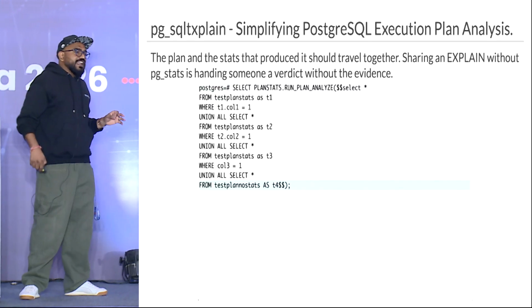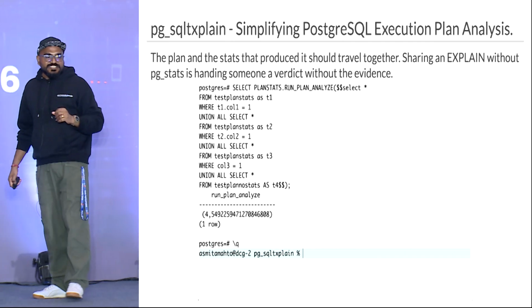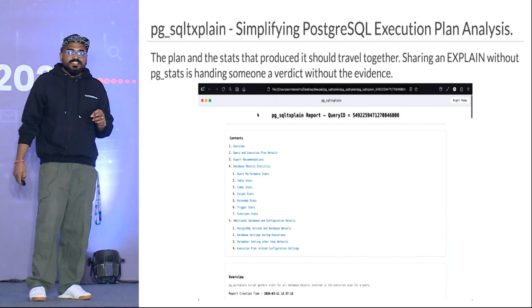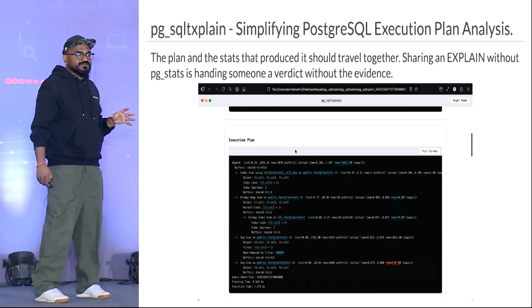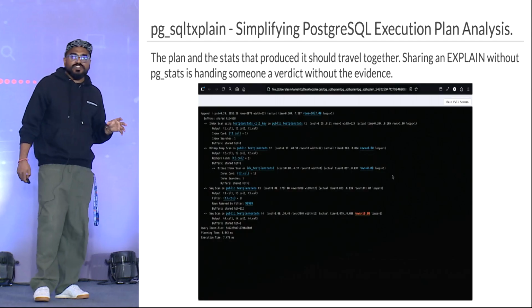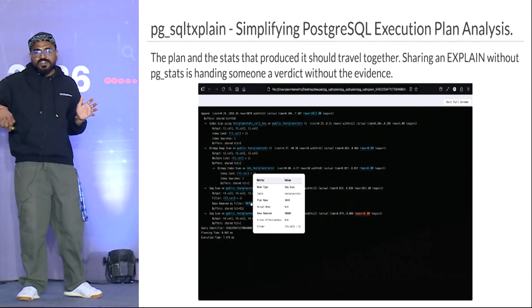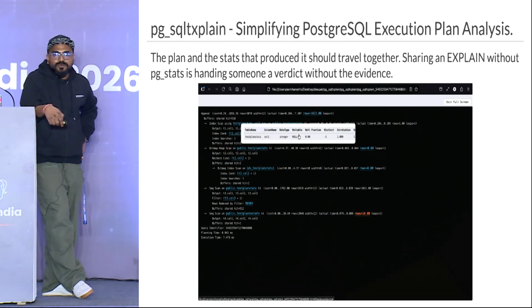So finally, what we have done as part of DataCloudGaze, we have created an open source utility called PGSQL TX plan. The name comes from what we have in Oracle. The concept is the same, where you bring in the core foundation of what is very important for query tuning, which involves all the topics that we saw, right? Query forensics, statistics, and all of those in a single window.